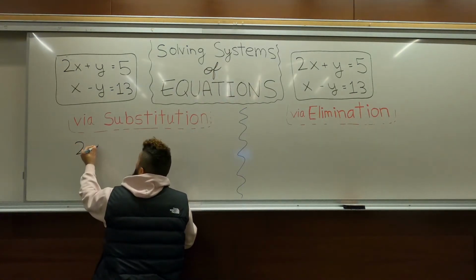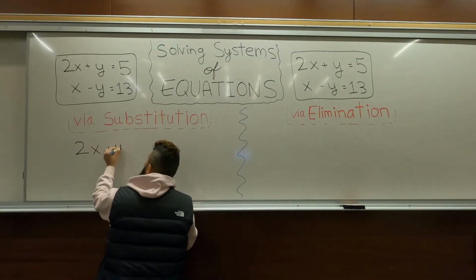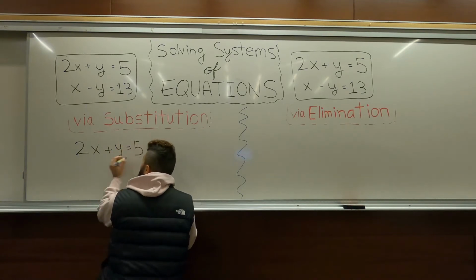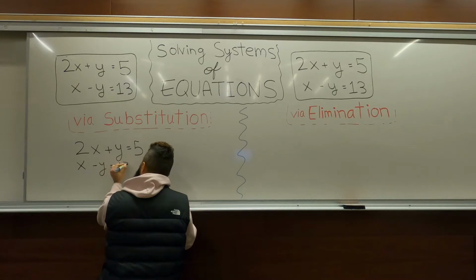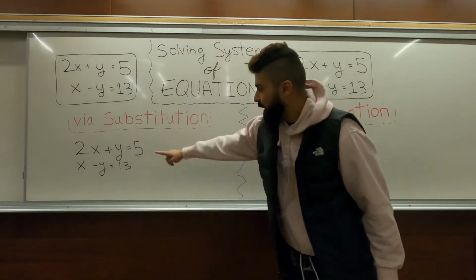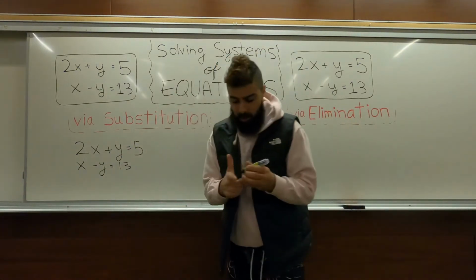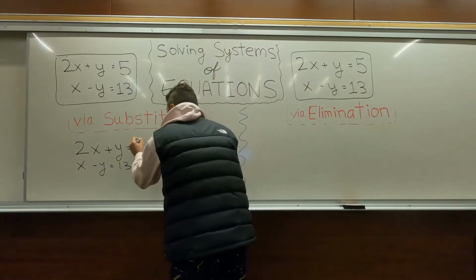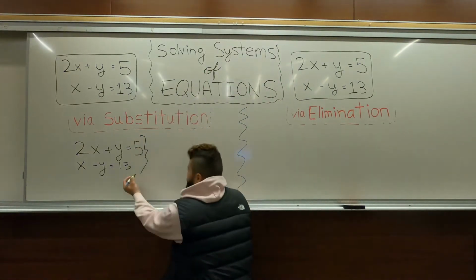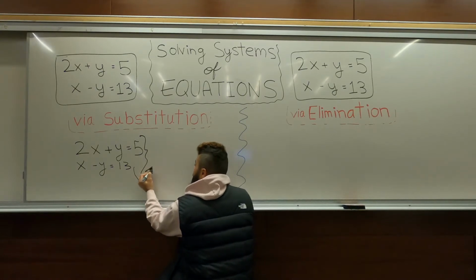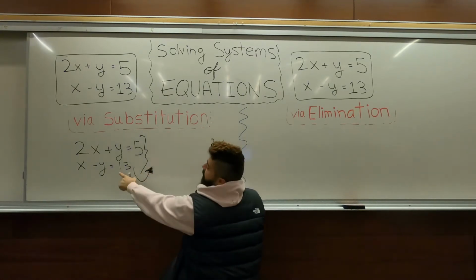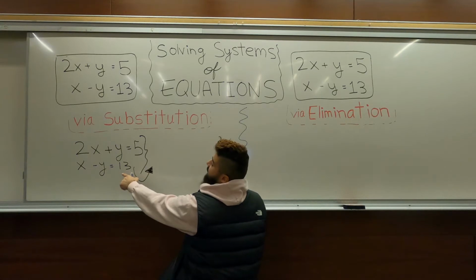So we have 2x plus y equals 5. And then we have x minus y equals 13. So from that bottom one, we can deduce that y is equal to x minus 13.